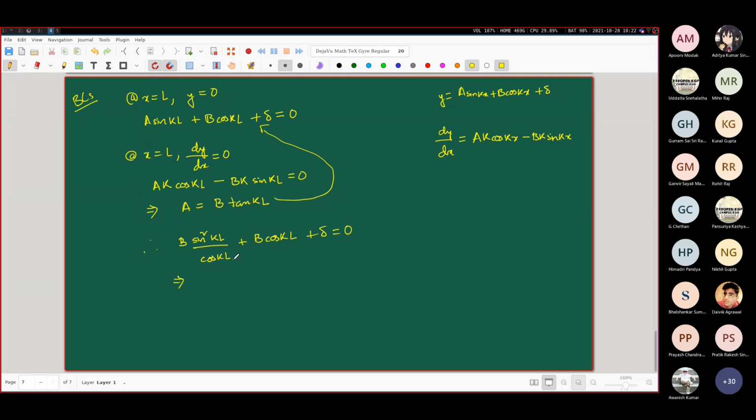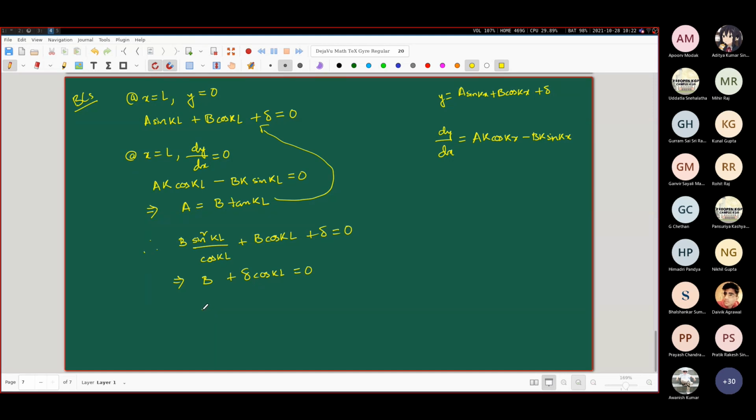So basically, if you just multiply throughout, you will get b times sine square kl plus cos square kl, that is b, plus delta cos kl. I'm skipping a step or two in between, I hope you don't mind. So this becomes b is equal to minus delta cos kl.